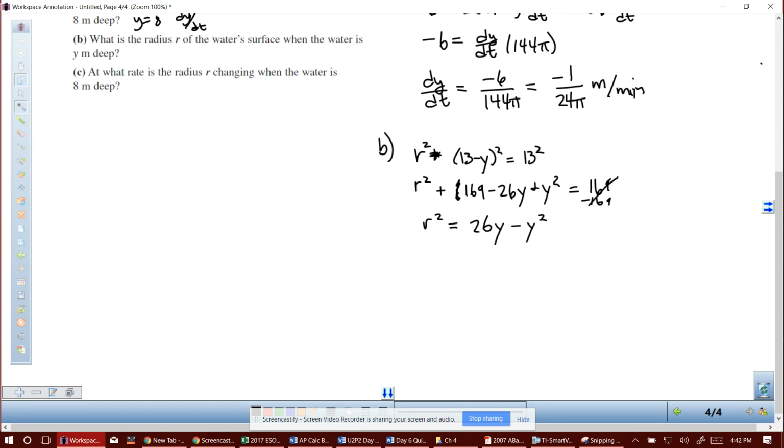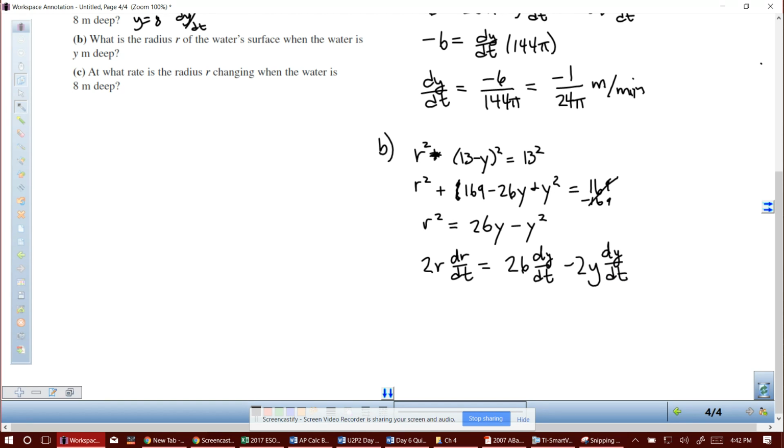Now, I could take the square root, but if I'm taking the derivative, who cares? This derivative would be 2r dr/dt equals 26 dy/dt minus 2y dy/dt.